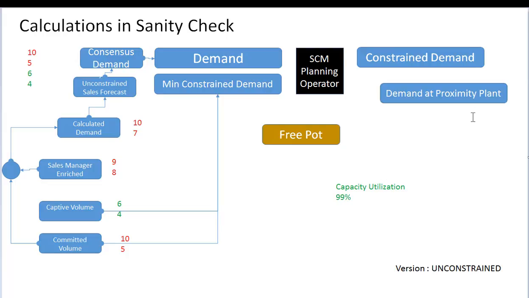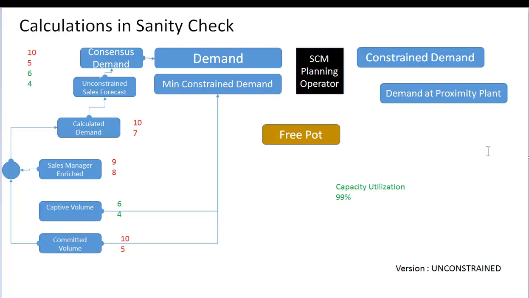When the planner uses this alternative calculation, the group operators that are used to close the work in the unconstrained version will again calculate the constraint demand based on the normal calculations and will calculate the demand at proximity plant again based on the regular calculations that are defined.